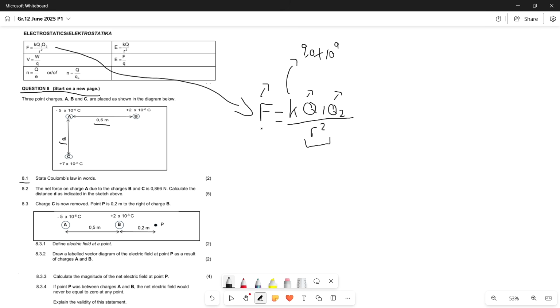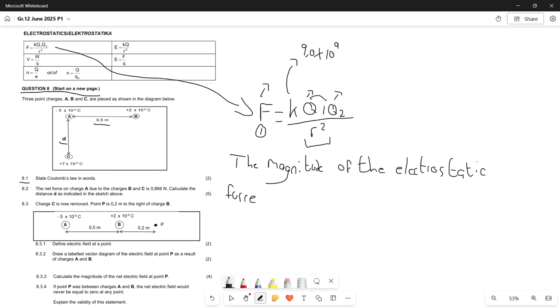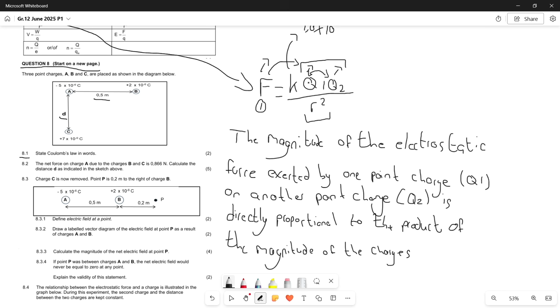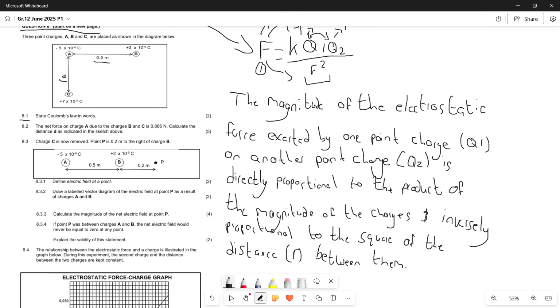So Coulomb's law is this first. The magnitude of the electrostatic force exerted by one point charge Q1 on another point charge Q2 is directly proportional to the product of the magnitude of the charges, the fact that these two charges are multiplying one another, and is inversely proportional to the square of the distance r between them.